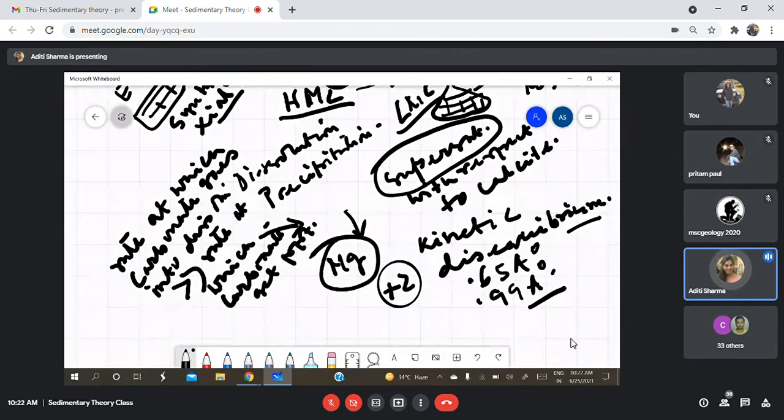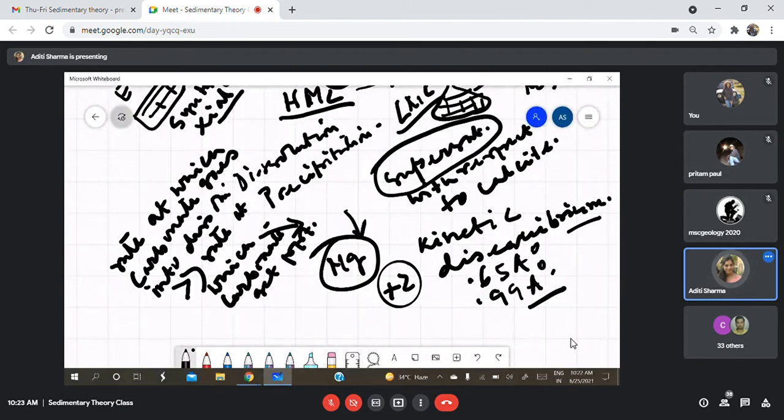But Mg, as I discussed earlier also, has a high tendency to attach with the water also. So on one hand, Mg is not allowing the Ca to enter into the cation site. On the other hand, Mg has an affinity to the water also. So ultimately the carbonate is not getting formed.